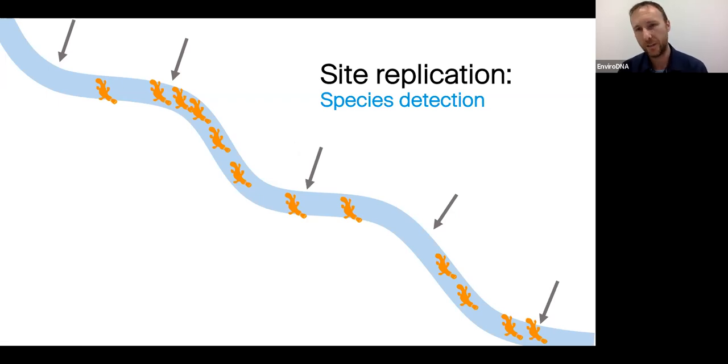This is where we can start using metrics like site occupancy to understand our population health or abundance. While we're not estimating absolute numbers for something like a platypus that's very widespread and tends to be at low abundance, site occupancy over a larger area is probably a more relevant metric. And we can see how that changes over time to work out whether populations are increasing or decreasing.